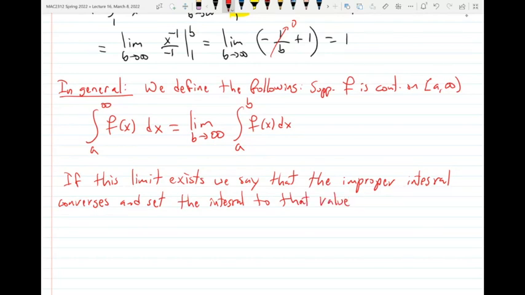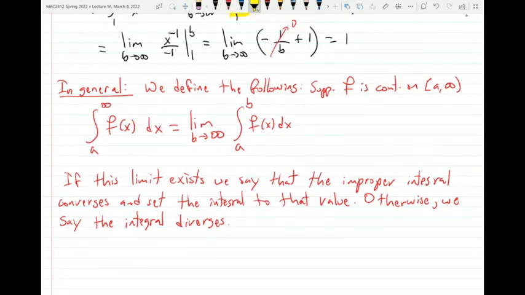Otherwise, if the limit does not exist, we say the integral diverges. We're going to talk about convergence and divergence again when we discuss series. Pretty soon, we'll talk about sequences and series. But when we say that an improper integral converges, we're just saying that this limit exists, and therefore this integral has a number, so there's an area to make sense of. When we say that it diverges, it means that this limit does not exist.